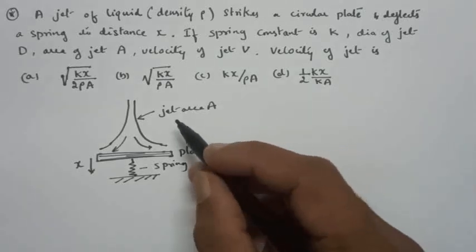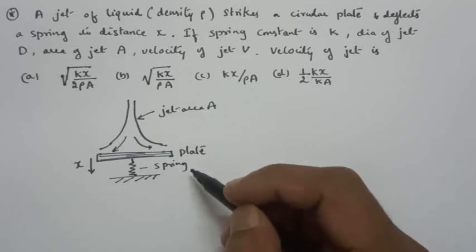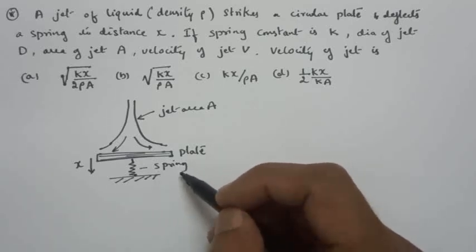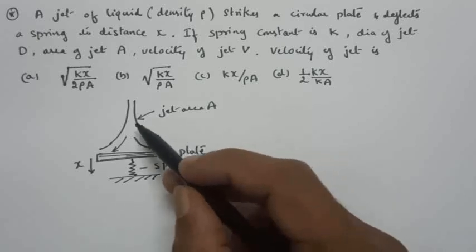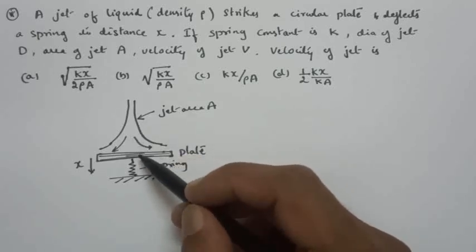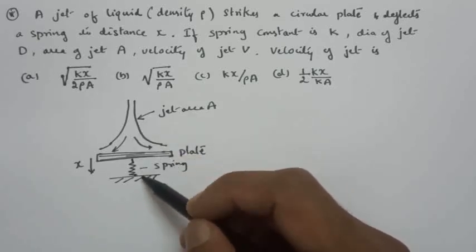So when the jet is striking the plate, it is deflecting the spring. There is momentum change which is happening and thus force is generated downward.